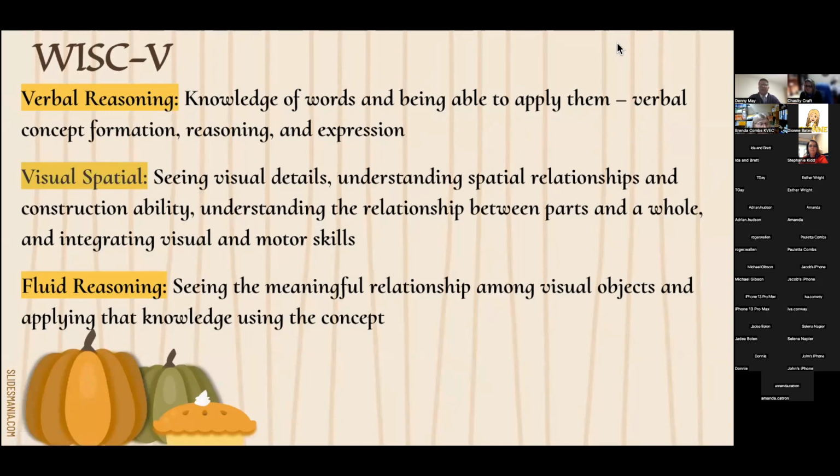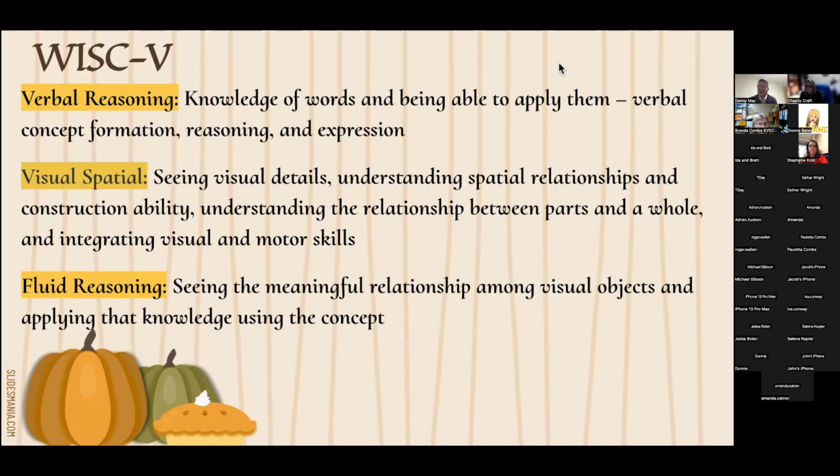You can see that these are the five, well, actually on this slide, it's the first three areas of the WISC 5. The WISC is the Wechsler Intelligence Scale for Children. This is the test that's most readily given to students that qualify for special education the first time.